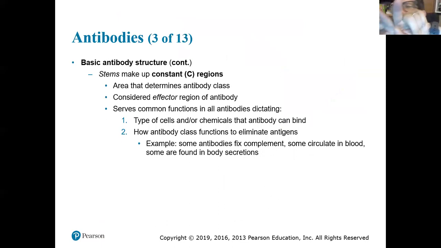The stems in the middle, that'd be where my thumbs are here. Those stems are what let us put it in one of those 5 classes. Those are considered to be the effector region of the antibody.